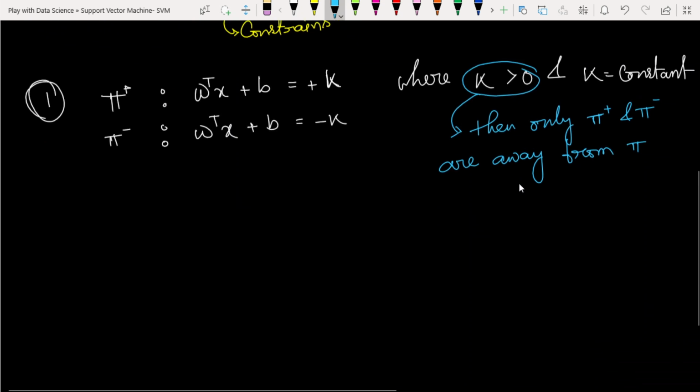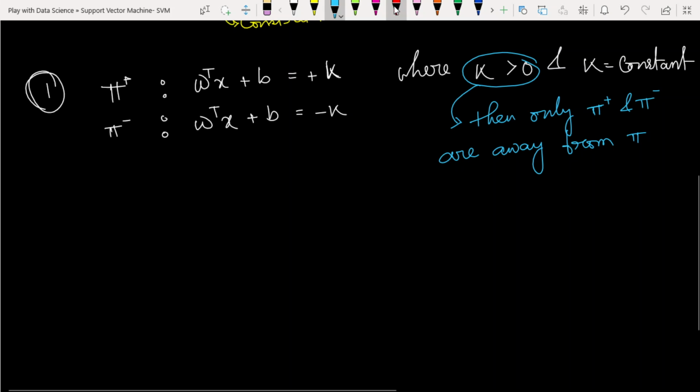Anyone can ask, sir, why have we not taken k1 and k2 instead of one k? It is also valid, but why am I not taking k1 and k2, and why am I taking the same number, plus k and minus k?